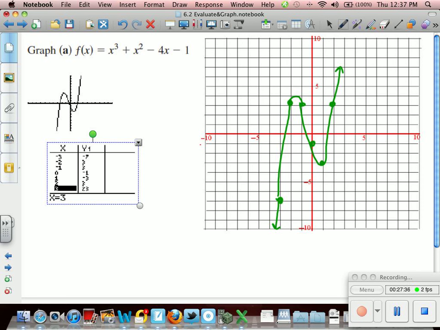Now that's not the traditional x cubed graph that we talked about. However, because it has an x squared and a -4x, it affects the way that it looks. But your end behavior will be the same. As x goes to negative infinity, so do your y's. As x goes to positive infinity, so do your y's.